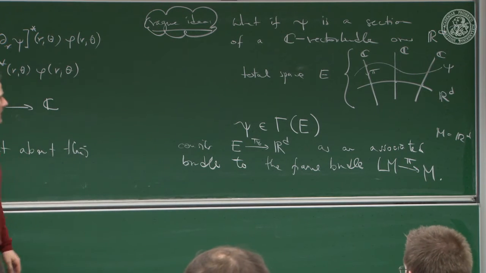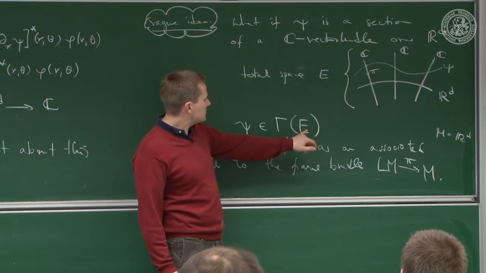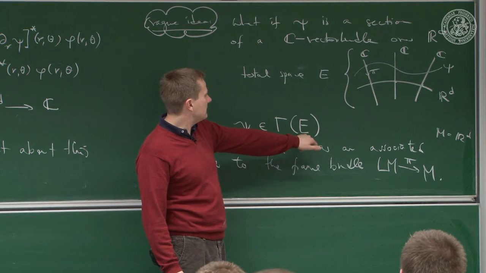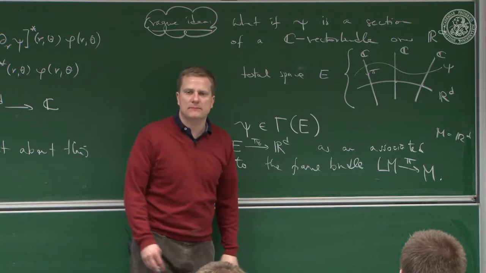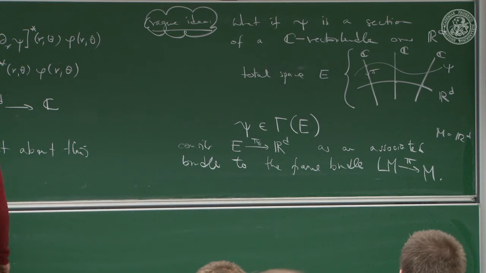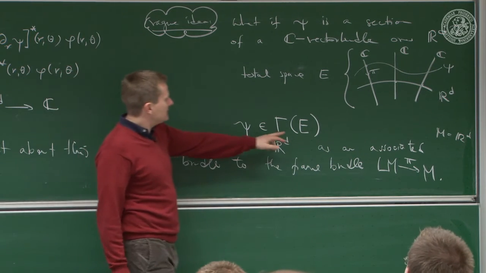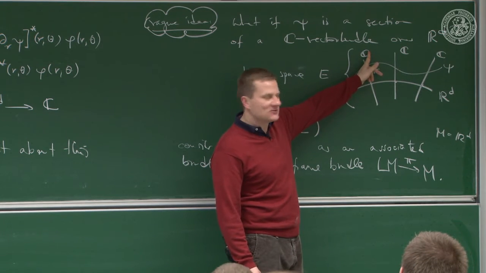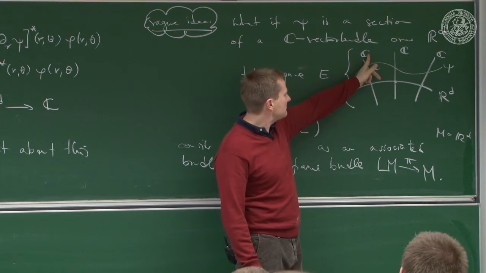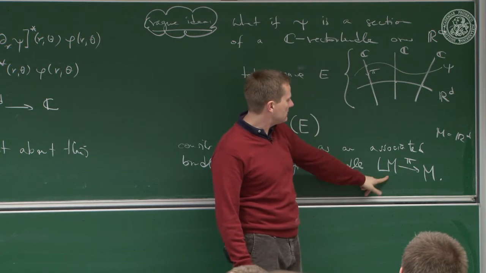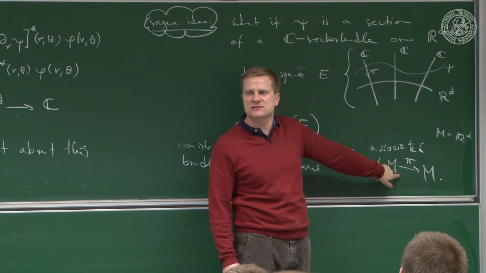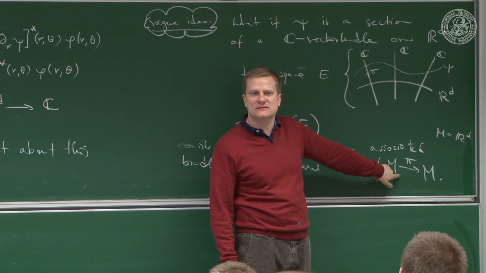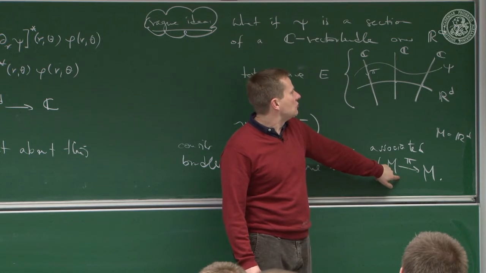Do you remember how sections of such an associated bundle can be represented? They can be represented as C-valued functions, but not on the base space, but as C-valued functions on the total space of the principal bundle. We had this theorem. You remember that? Okay.